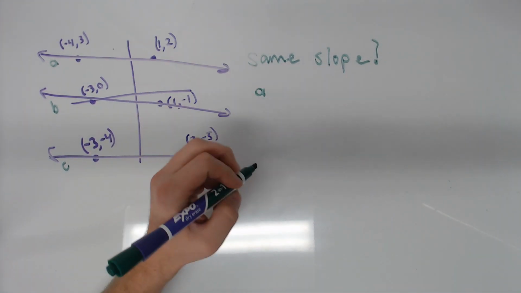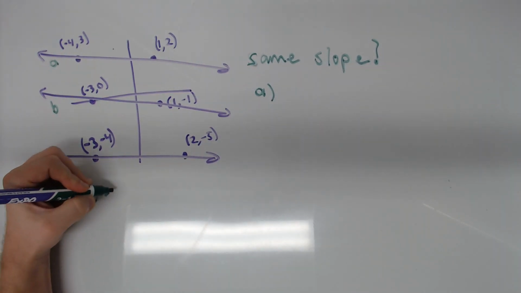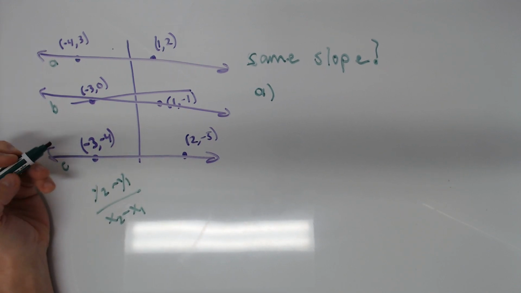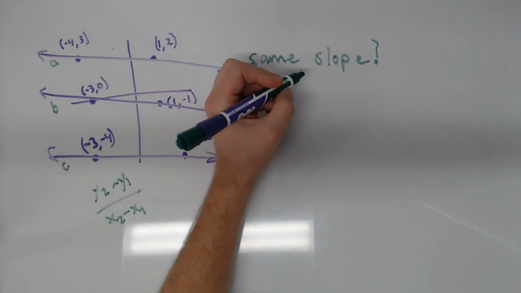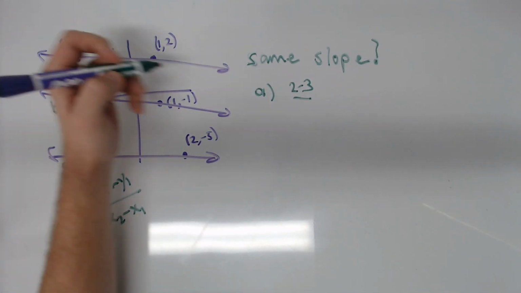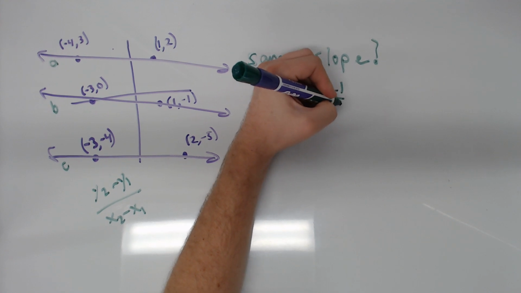So for line A, if we do our slope formula, remember that's y2 minus y1 over x2 minus x1, I'm going to do 2 minus 3 over 1 minus negative 4, and I get a fraction of negative 1 over 5.